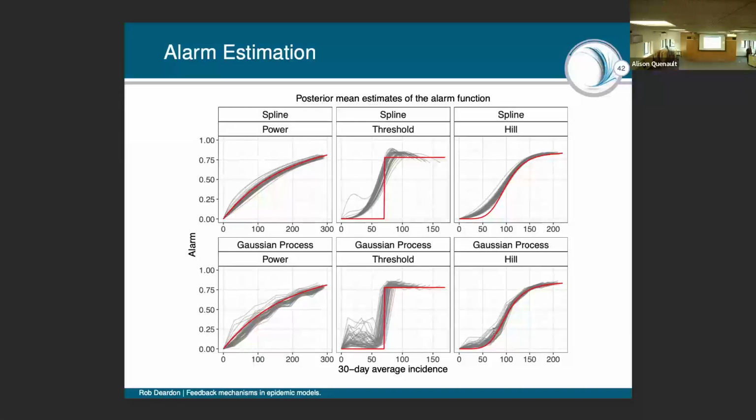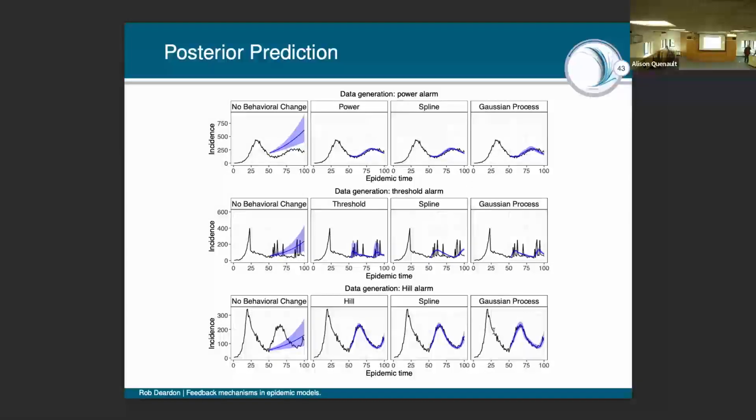But what we're really interested in is how well do we forecast, right? So what we've done here is we've taken, say, the first 50 time points of data and then forecast from the various models fitted to those 50 time points of data.